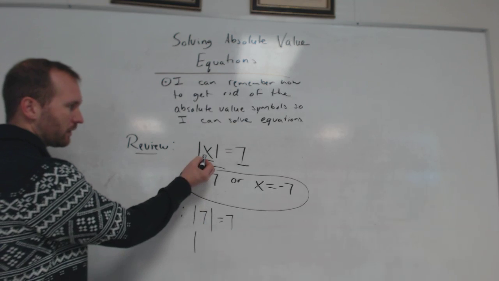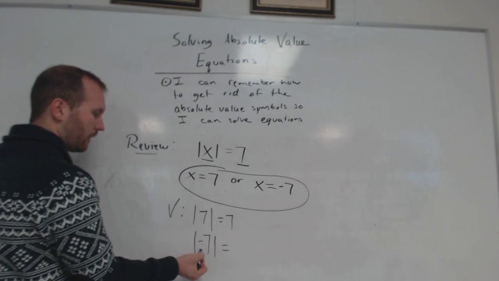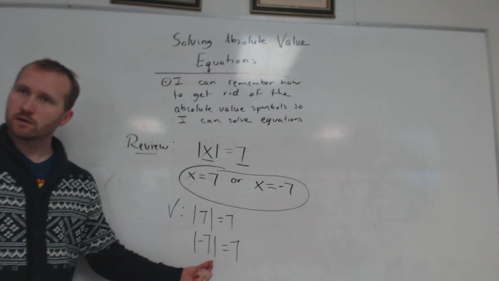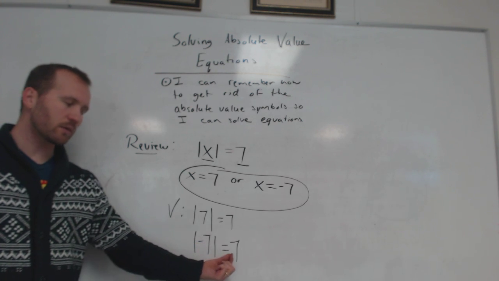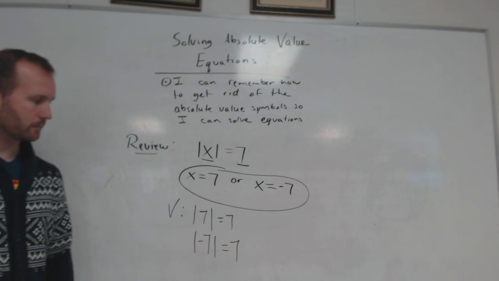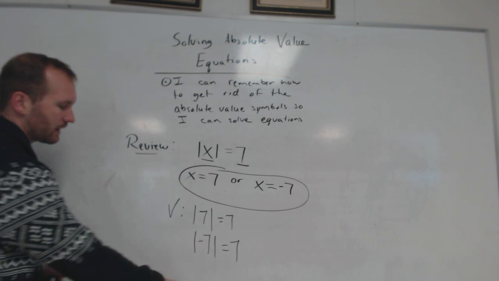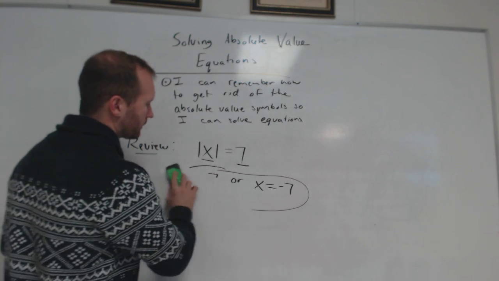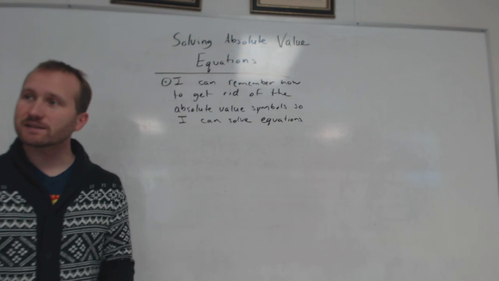The absolute value of x when x is negative 7 also equals a positive 7. So remember, the absolute value of a negative number is just that same number, positive. So these check out. These are correct, they work, and that's kind of the simplest type of problem that you'll see with absolute value. Now, there's one case when that doesn't actually work.